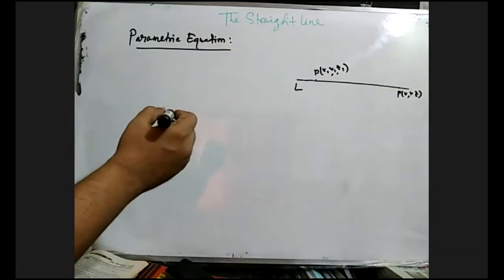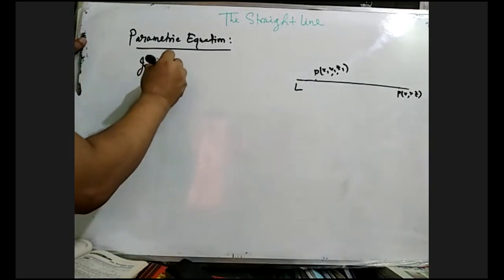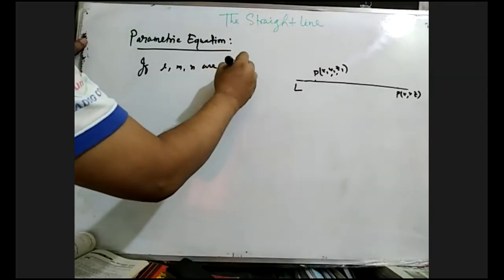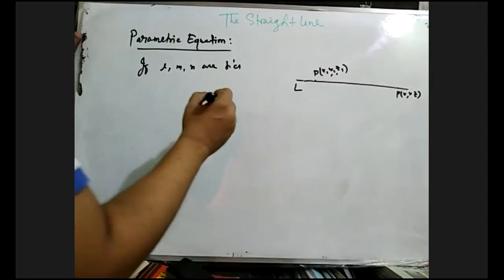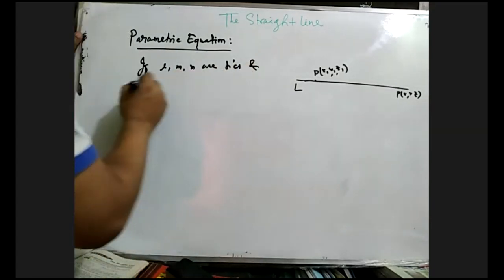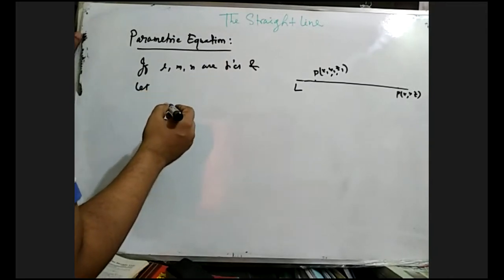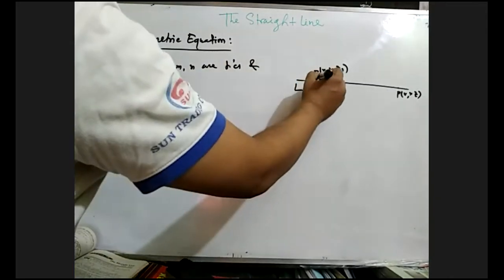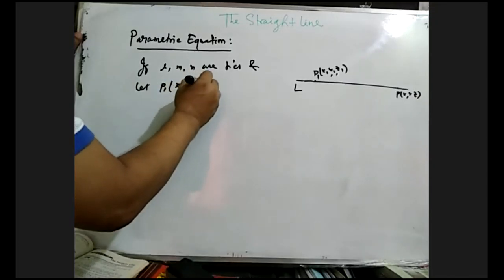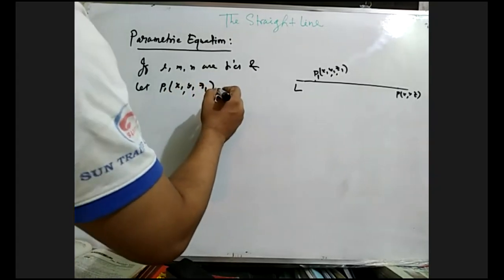So for these points, if L, M, N are directional cosines, and let P1 be any point x1, y1, and z1, any point on the line L.